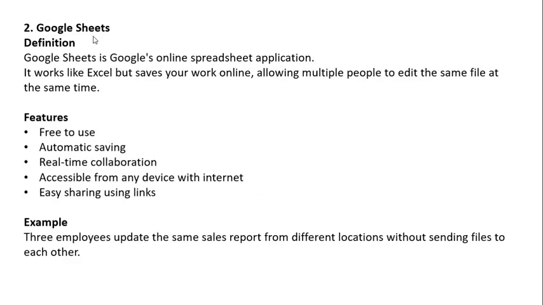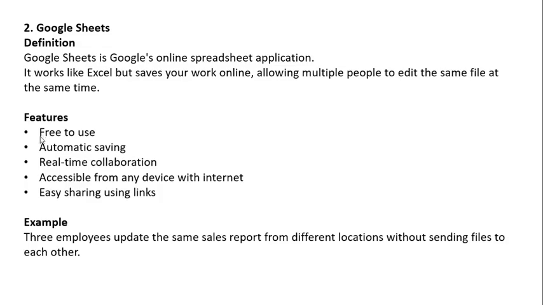Second is Google Sheets. Google Sheets is Google's online spreadsheet application. It works like Excel, but it saves your work online and allows multiple people to edit the same file at the same time.